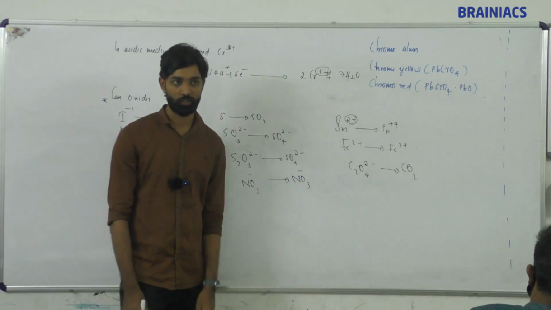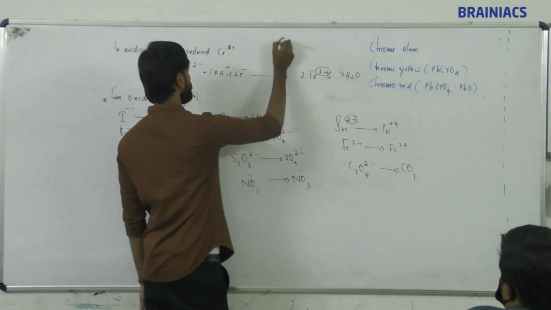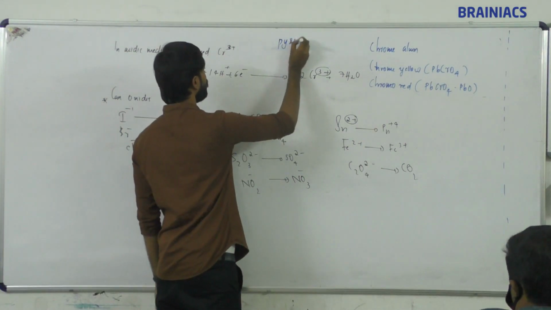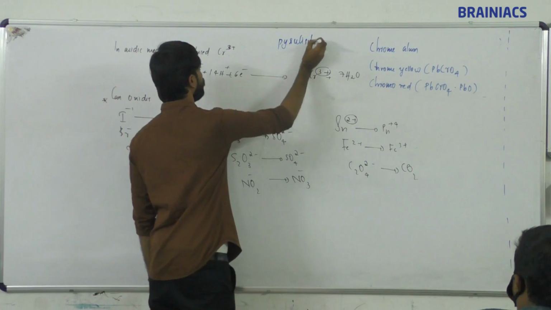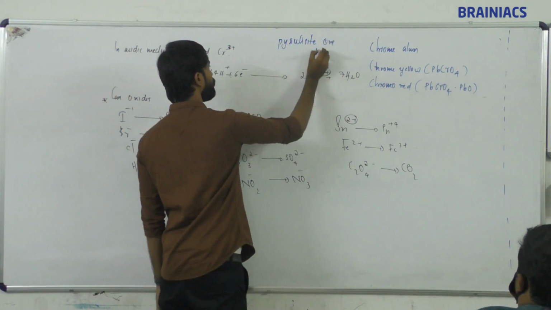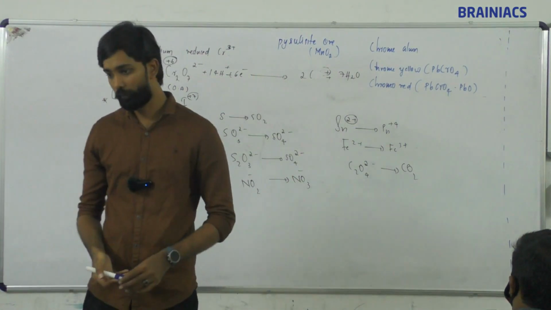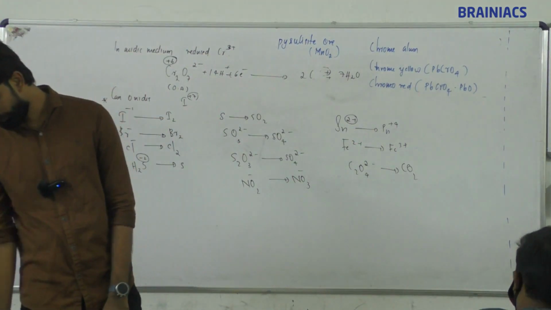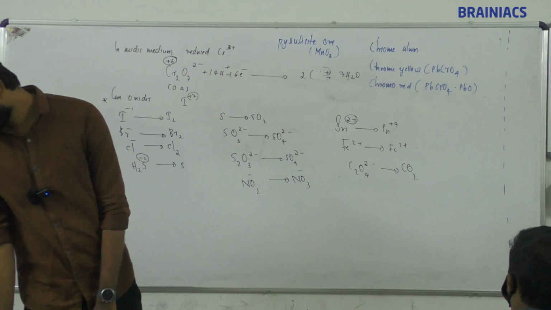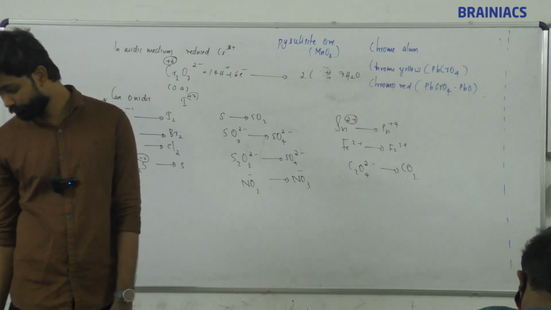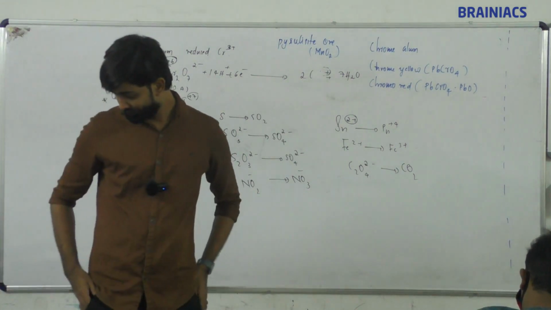It is said to be pyrolusite ore, that's nothing but MnO2. So like your chromite ore, here is pyrolusite ore, MnO2.